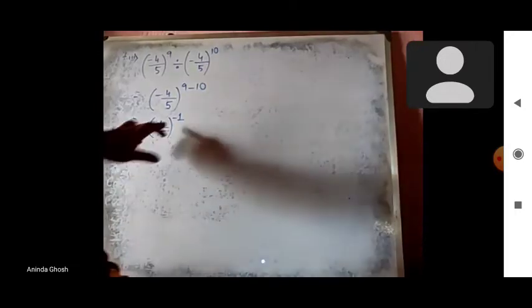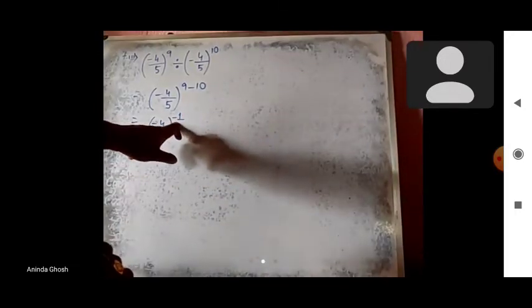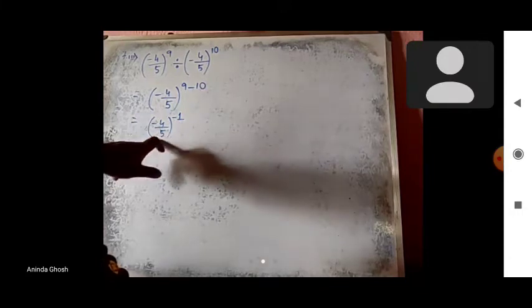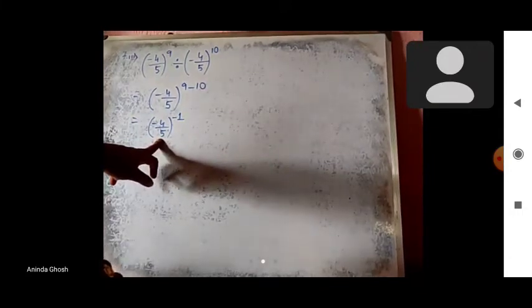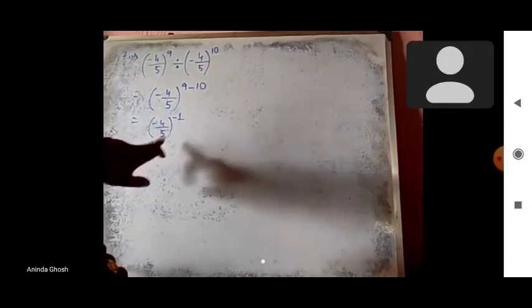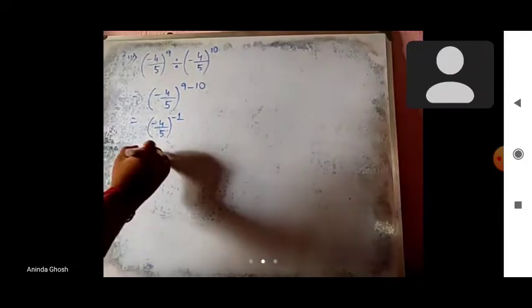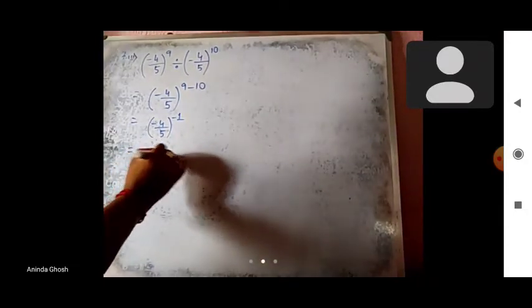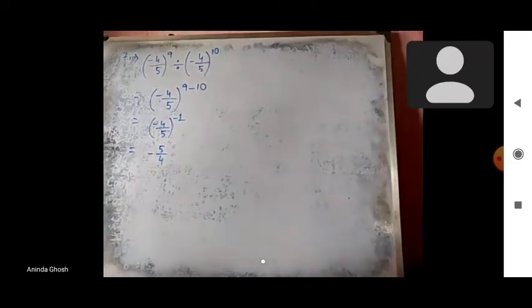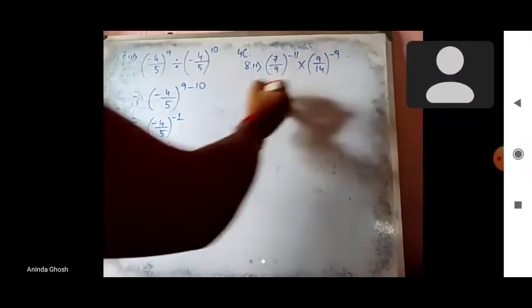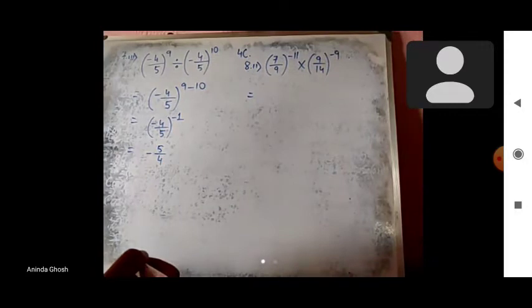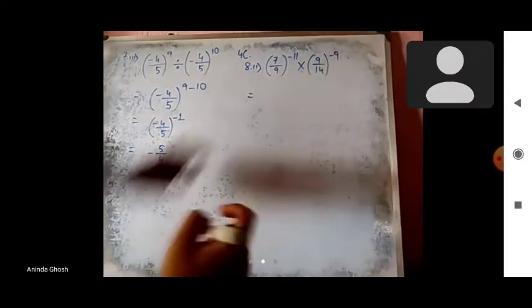So minus 4 upon 5 to the power minus 1, and this minus 1 indicates that we have to reciprocate the base. So we write minus 4 upon 5 reciprocal as minus 5 upon 4, and this is my answer.